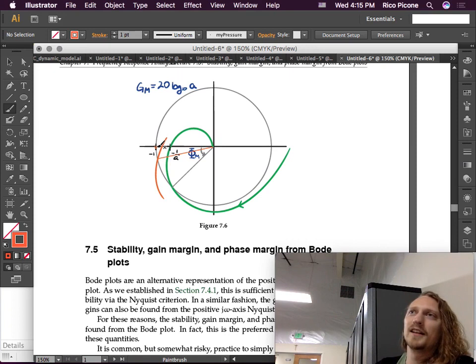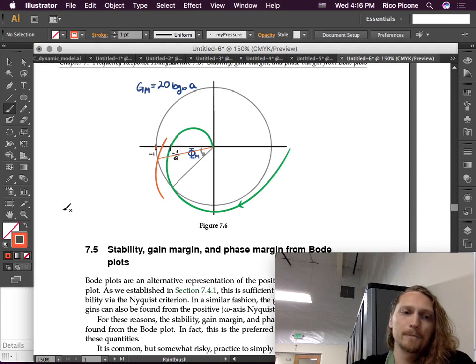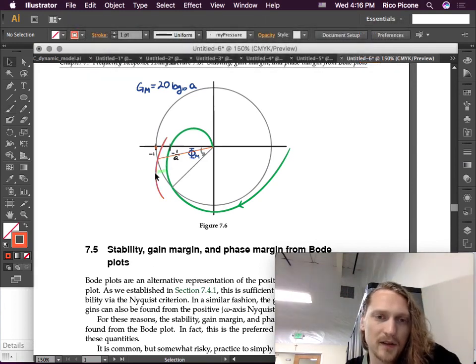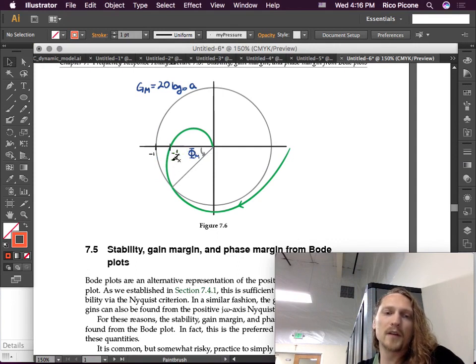So if you know the gain margin, and if it's easy to get from here, why would you even need to know the phase margin? So let's say that we had a gain margin, and I'm going to delete the orange one here. I'll draw two systems with the same gain margin and different phase margins.